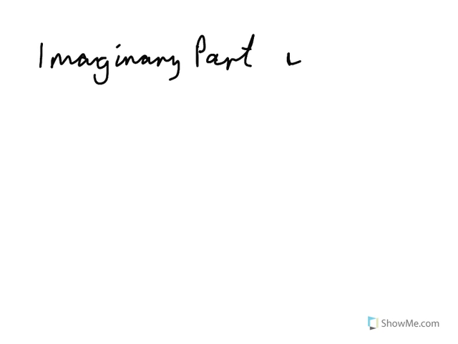So the definition then is that for the imaginary part we use the symbol i to represent it, and the whole key to it is that i squared equals negative 1.